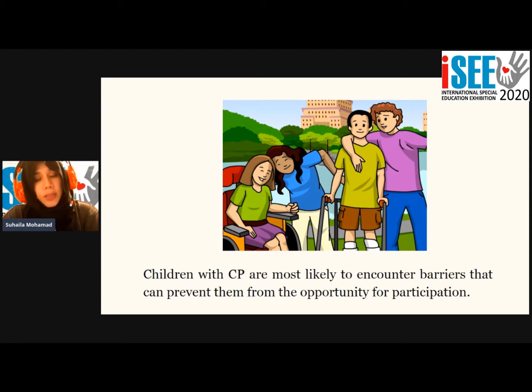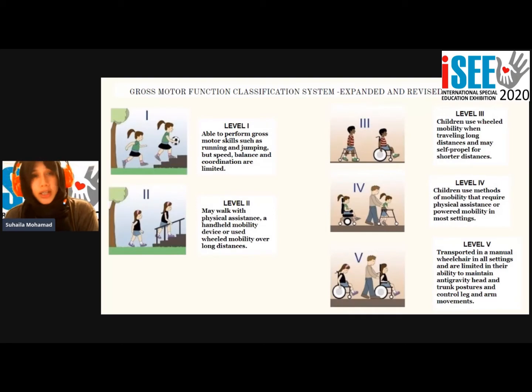Therefore, children with CP are most likely to encounter barriers that can prevent them from the opportunity for participation. The gross motor function of children with CP can be categorized into 5 different levels using a tool called the Gross Motor Function Classification System Expanded and Revised, or GMFCS-ENR.